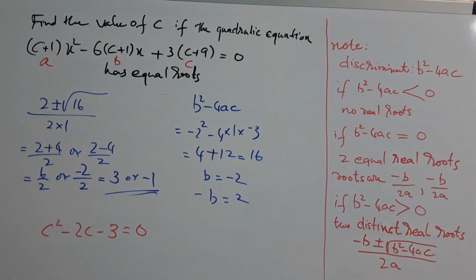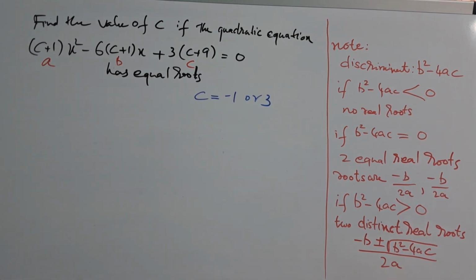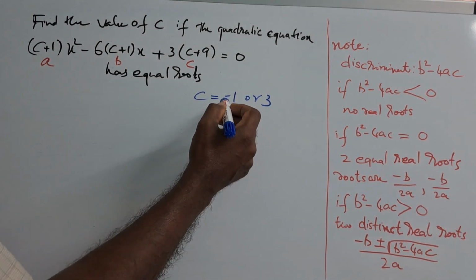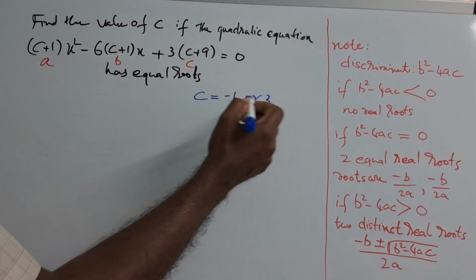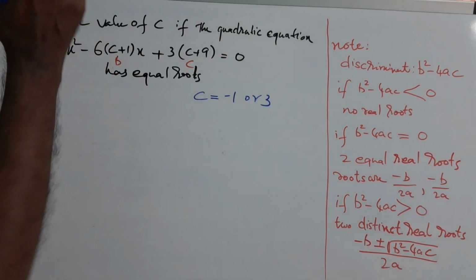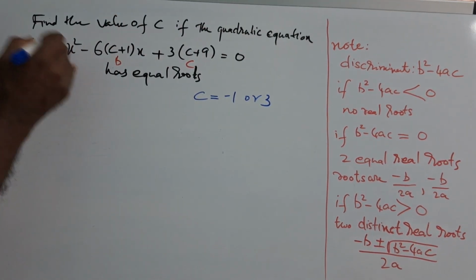These are the solutions or values of c. The values of c are minus 1 and 3.